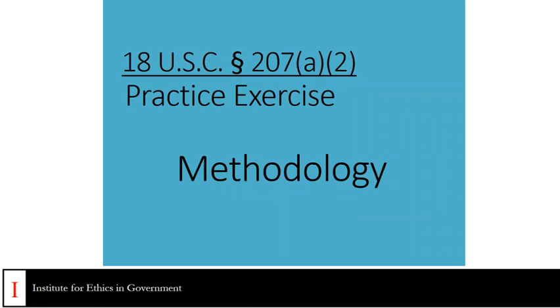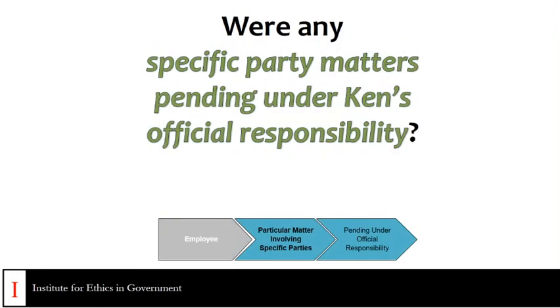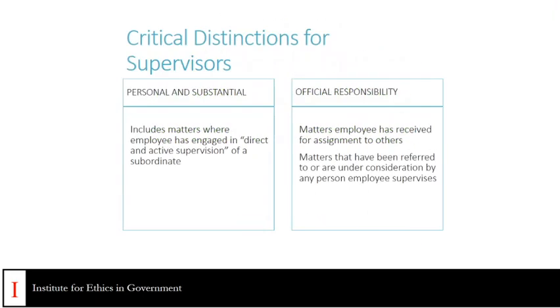This is the methodology that we will be using as we go through our practice exercise. We begin with, is Ken an employee for purposes of 207(a)(2)? Were any specific party matters pending under Ken's official responsibility during his last year of service?